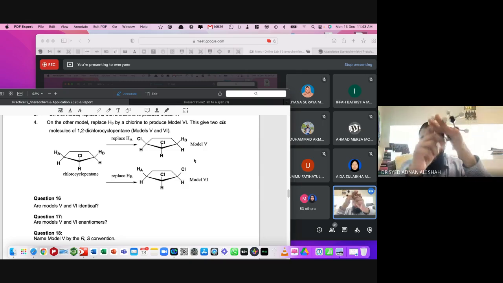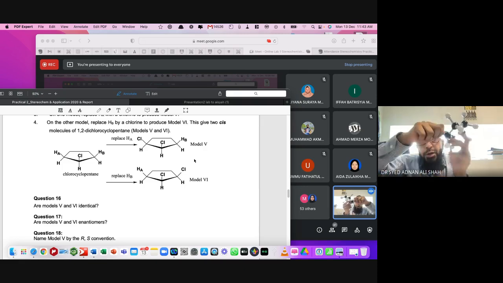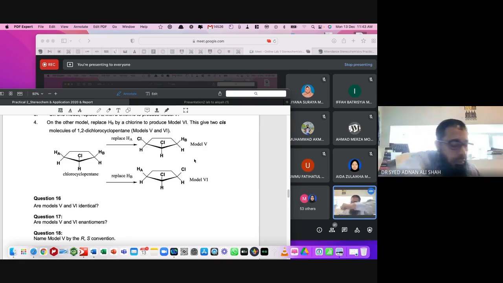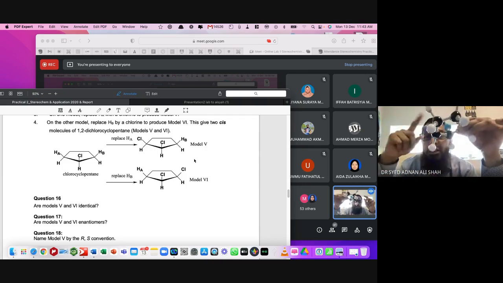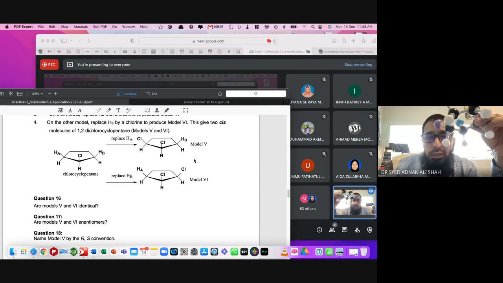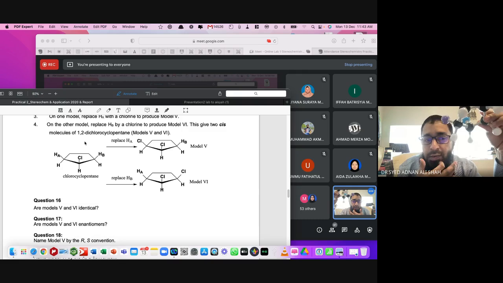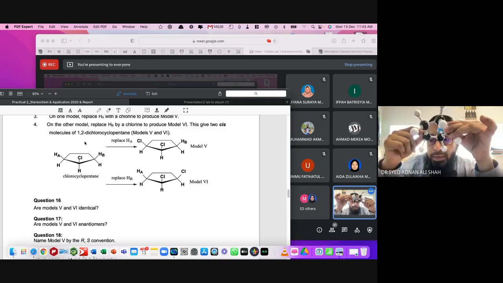For example, you can select one Ha, and this one is Hb. You replace this one with the chloride like this, so this is the disubstituted cyclopentane, or 1,2-dichlorocyclopentane, right?